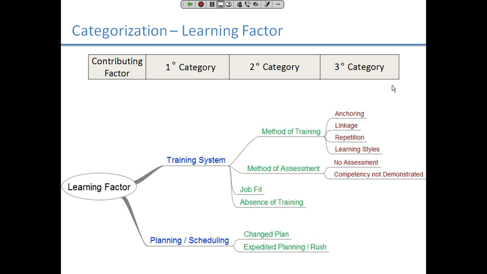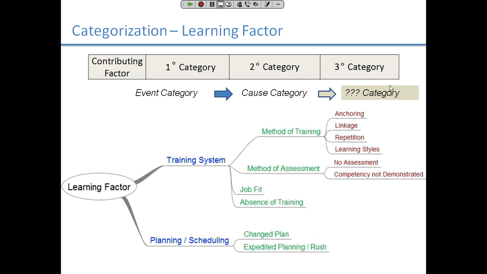So a question for us at this point is, if you look at categories in this context, what we often see a company do is drill down to category level 1, which is they call out a deviation, and it's, say, the training system. And it stops there.